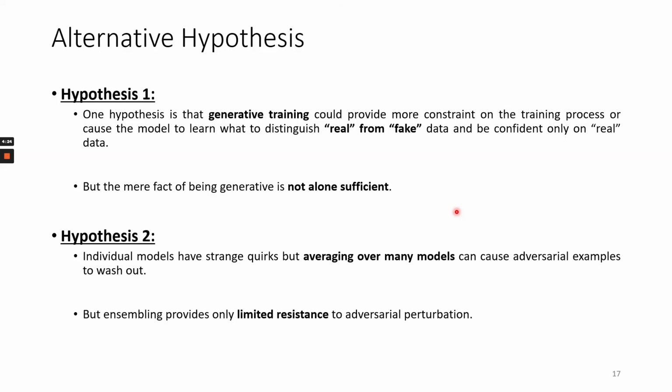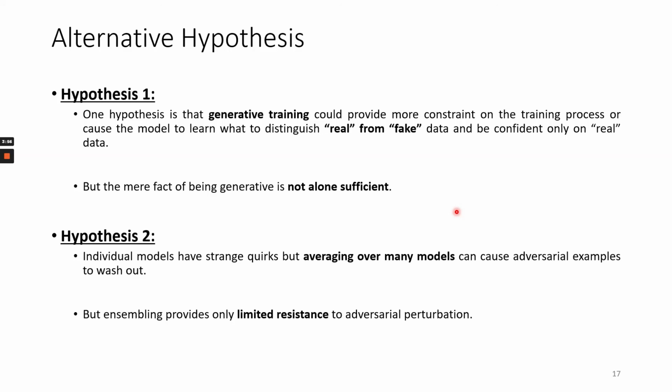And it was seen that the error rate was still very high, approximately 19%. This showed that generative training alone was not sufficient. There could be some other forms of generative training that could be more resistant to the effects of adversarial examples, but just being generative is not alone sufficient.